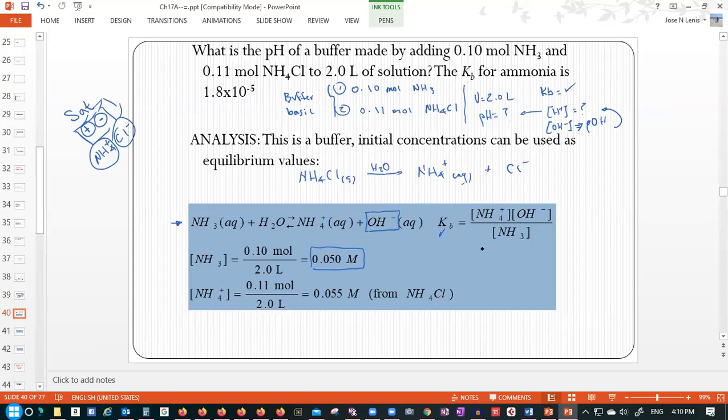So if we solve this equation for OH minus, because that's what we want, you say concentration of OH minus equals, and let's move things around, it's going to be Kb times concentration of NH3 over concentration of NH4 plus. So the base divided by the conjugate acid, times Kb.